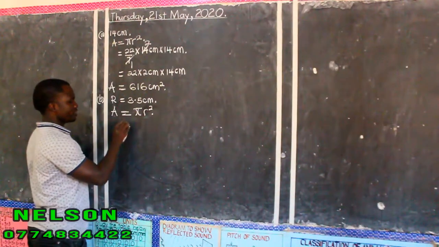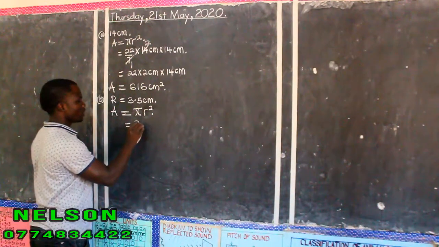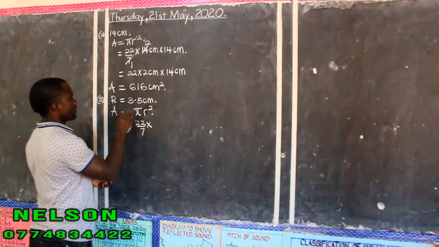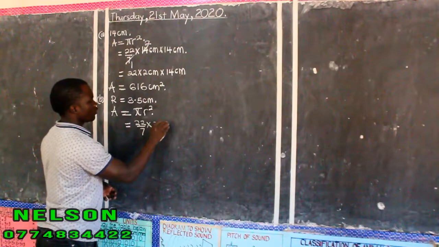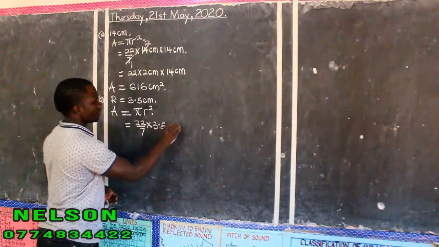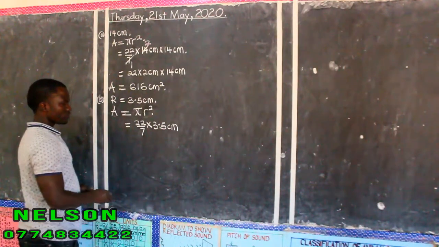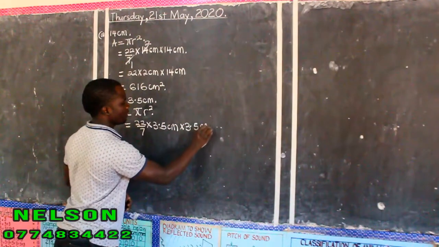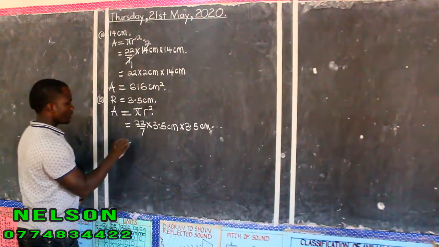The pi given to us in number 1 was 22 over 7 times the radius of 3.5 centimeters times 3.5 centimeters.